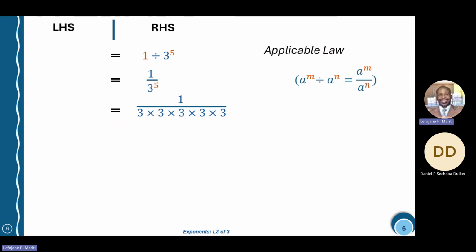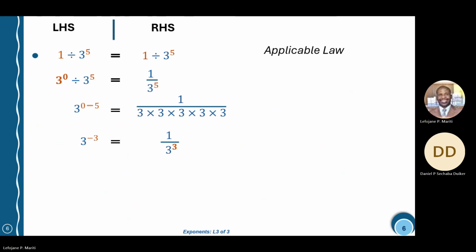So we simply end up with a fraction 1 over 3 to the power 5. Boys and girls, please ignore this. This must be a 5, because we see that the 3 appears 5 times. So it's 1 over 3 to the power 5. Now it answers the question once more. You had a negative exponent, it ends up being a positive exponent.